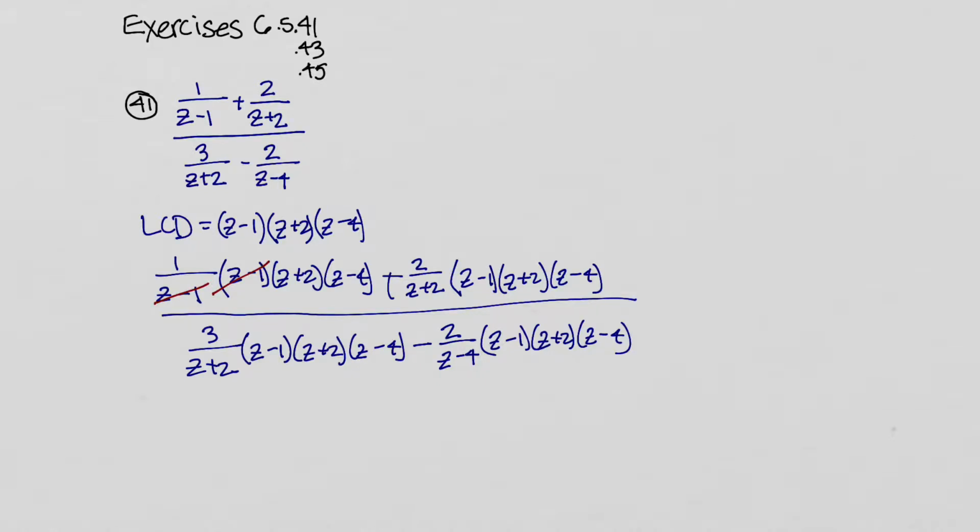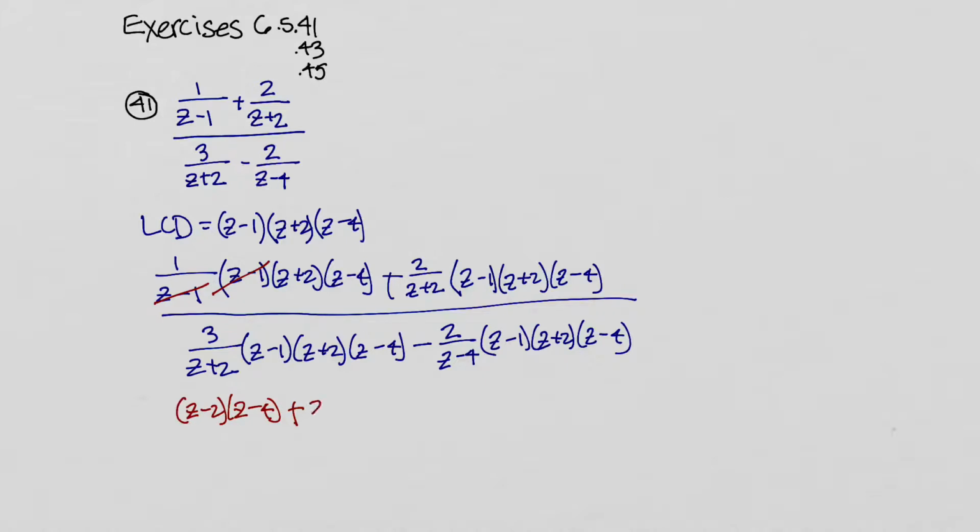And if we do that, we are left with 1 times z plus 2 z minus 4, which is just z minus 2 z minus 4. Oh, I didn't change colors again. That's okay. Plus, now over here, that z plus 2 goes with that one. We're left with 2 times z minus 1 z minus 4.